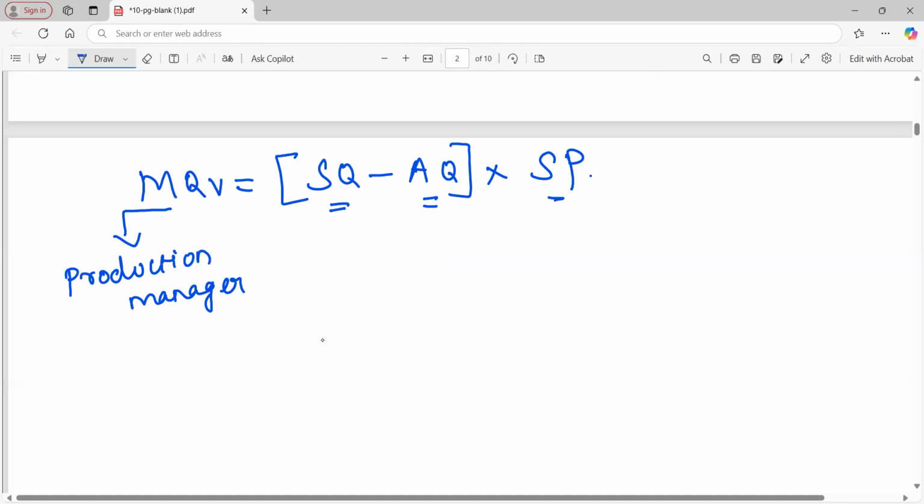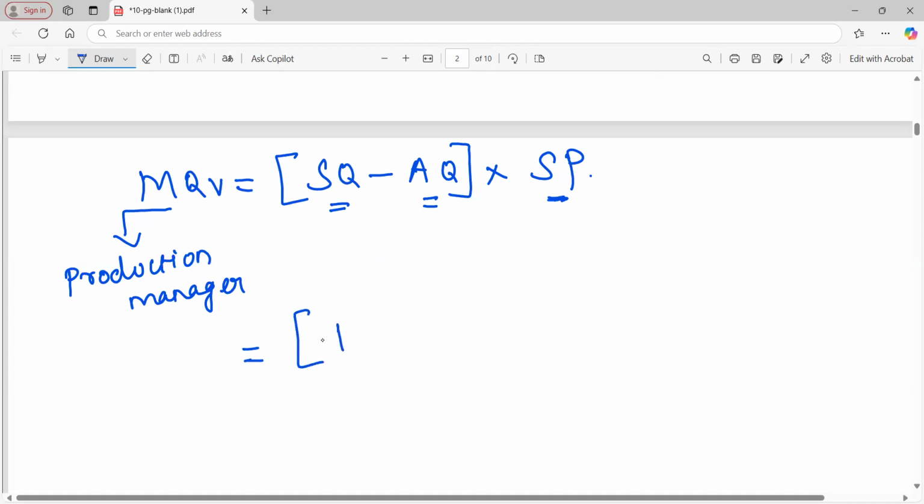The purchasing manager is responsible for the price of the raw material, not the production manager. So we are multiplying the difference between these two figures with standard price and not with actual price, because the production manager has got nothing to do with the actual price of the raw material. He cannot control the actual price of the raw material. So we are multiplying it with standard price.